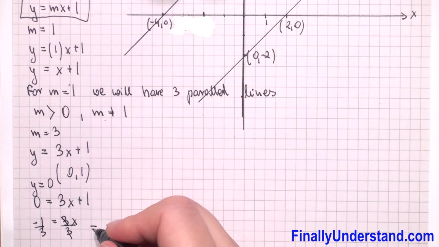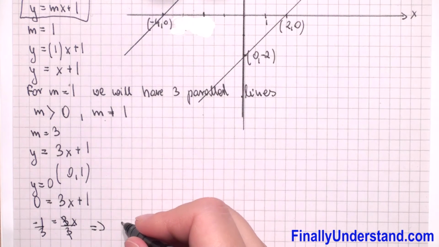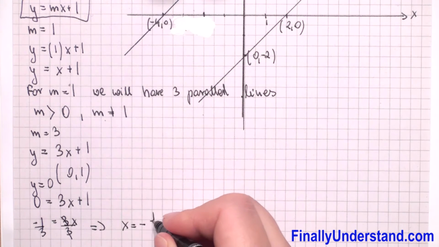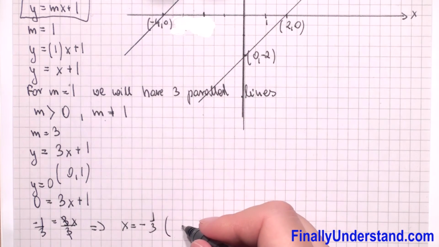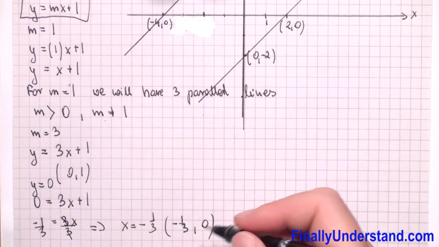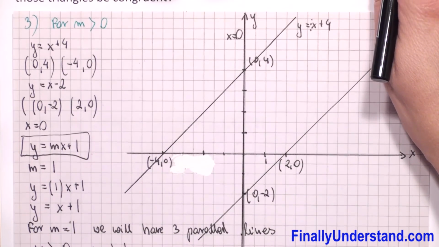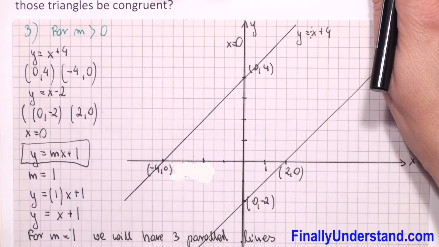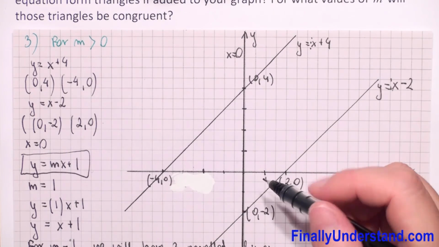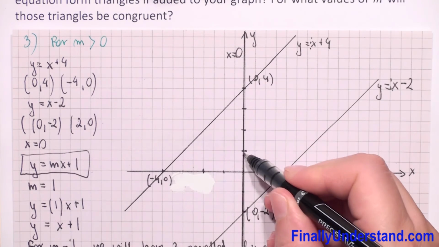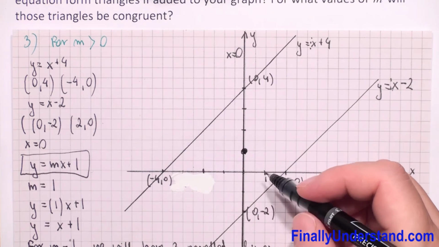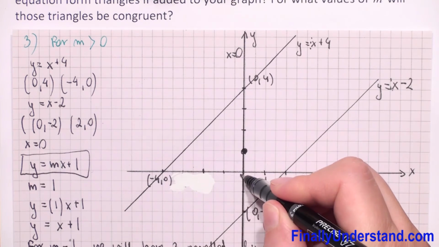3 and 3 we can reduce, and we have that x is equal negative 1/3. So we have the second point, negative 1/3, 0. So the first point is 0, 1, and the second is negative 1/3, 0. So now we have to find these 2 points. This is 1.